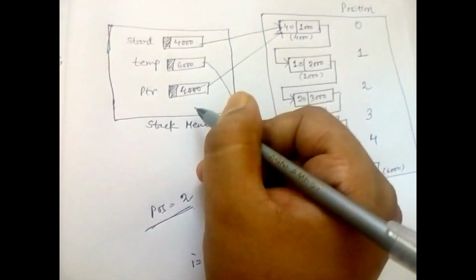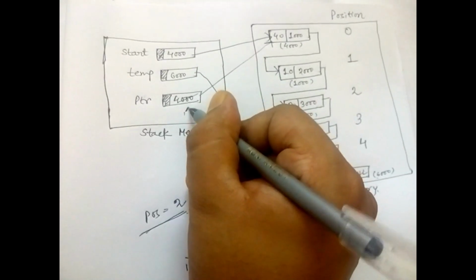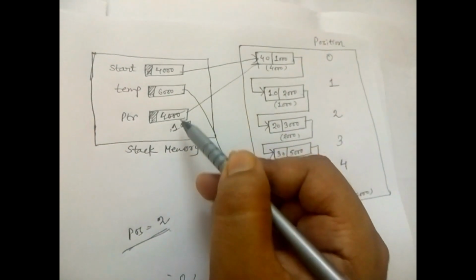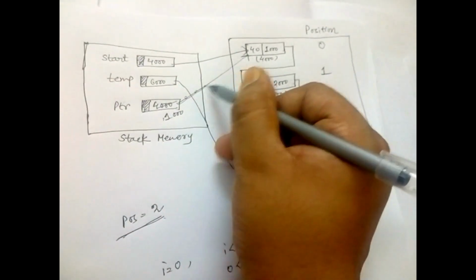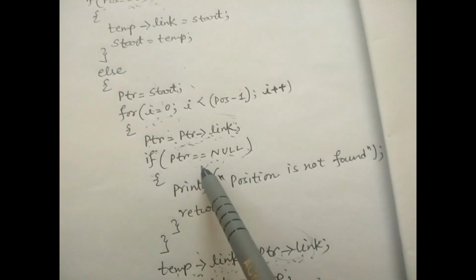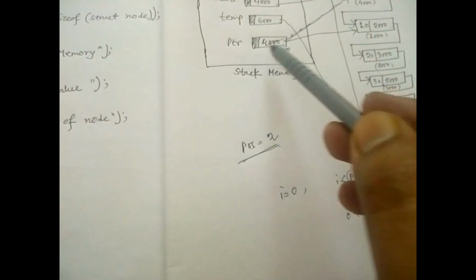So now update the value: 1000, because PTR arrow link is 1000, it is assigned into PTR. Now PTR points here. Clear? Now check if PTR equal null. The condition is not satisfied because PTR is not null, PTR is 1000.